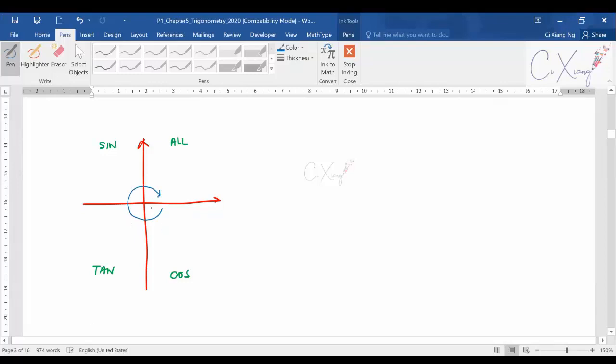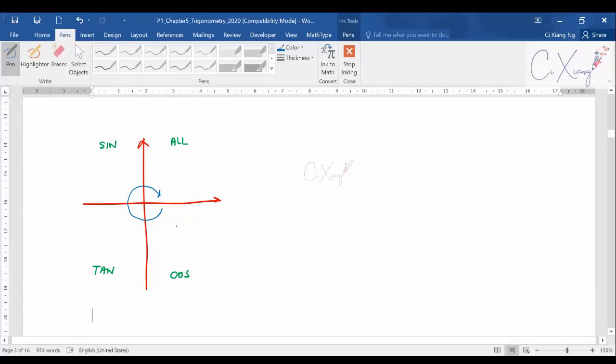When you measure in the clockwise direction, the quadrants for positive trigo values are still the same as we learned before. The first quadrant is all positive, the second quadrant sine positive, the third quadrant tangent positive, and the last quadrant cos positive. All this doesn't change at all. They are still the same.